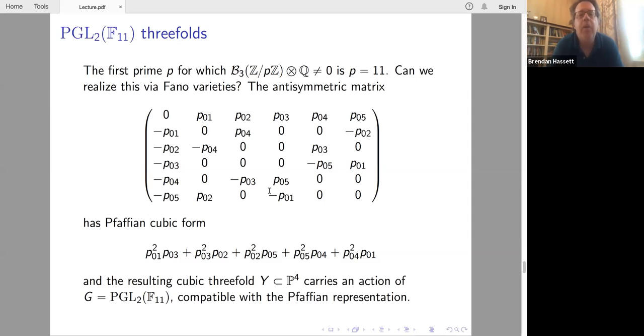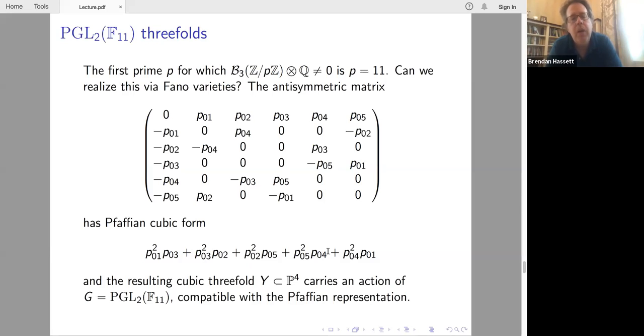So I wrote down a specific antisymmetric matrix that has a Pfaffian cubic form with a highly symmetric equation. So if you notice, this is obviously symmetrical through a cyclic permutation of the 5 variables. It's less obviously symmetrical under the action of PGL2(F11).